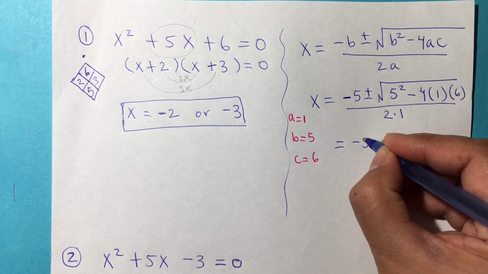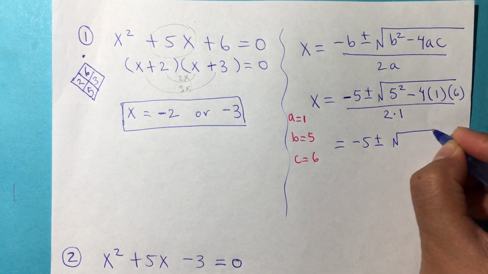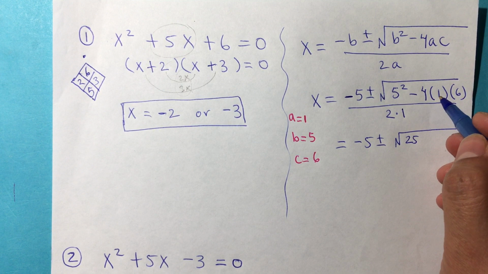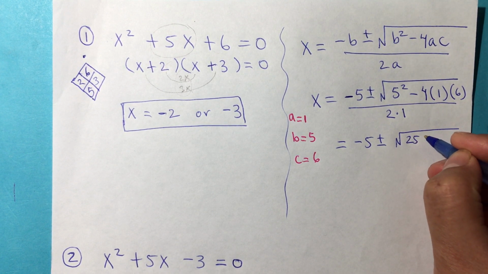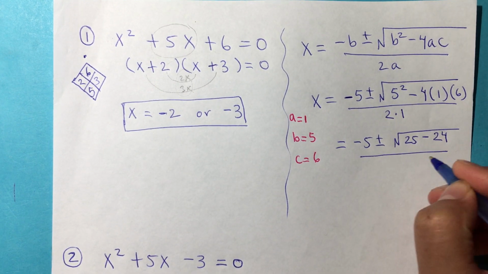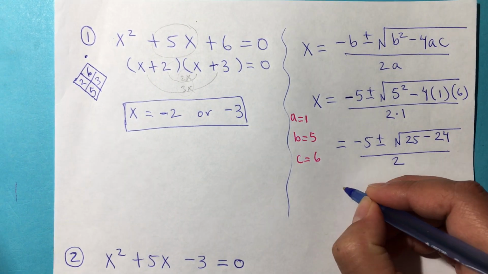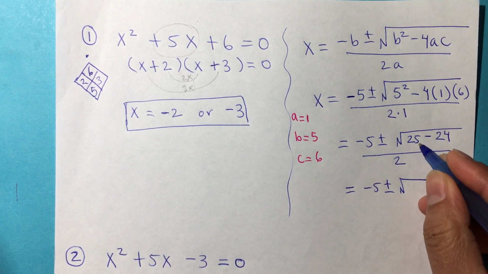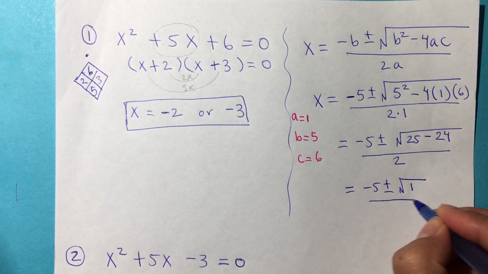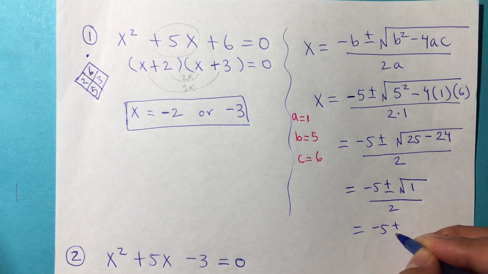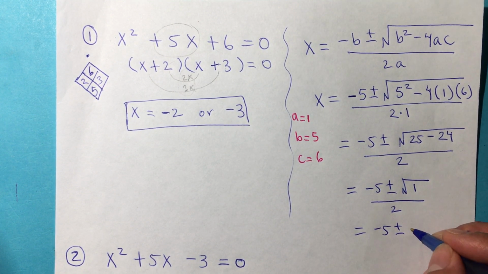So that will be negative 5 plus minus the square root of 5 times 5 is 25, minus 4 times 1 is 4, times 6 is 24, divided by 2 times 1 is 2. Then we get negative 5 plus minus the square root of 25 minus 24, which is 1, divided by 2. Negative 5 plus minus the square root of 1.